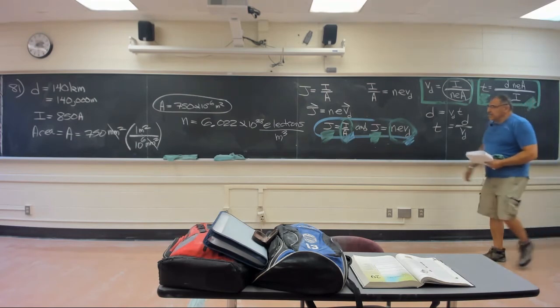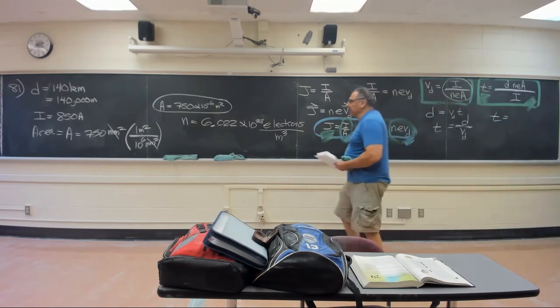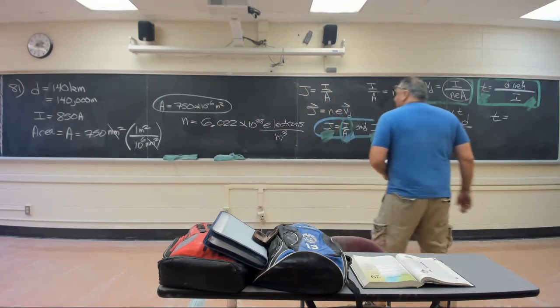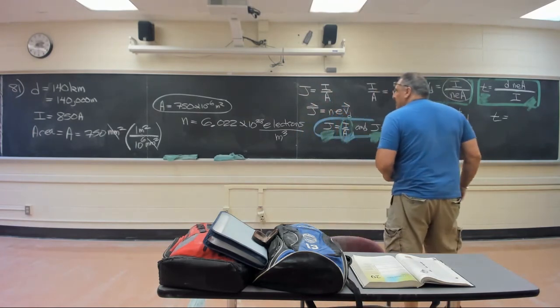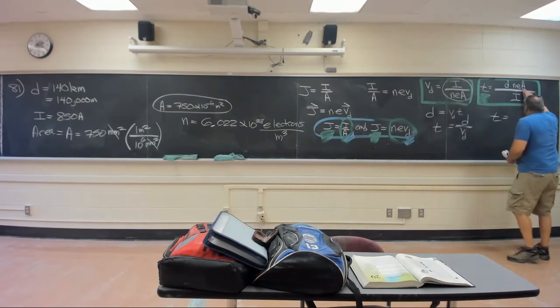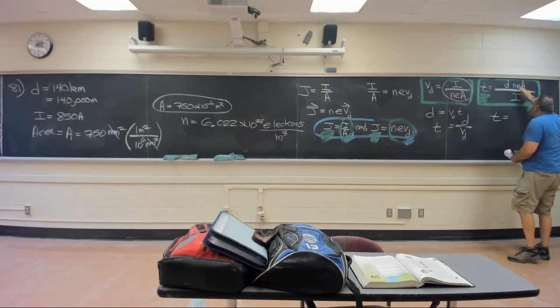They gave us various numbers here. Let's work with those numbers. They told us what the area was, and we found the area. The area is 750 times 10 to the negative 6. e is 1.6 times 10 to the negative 19.